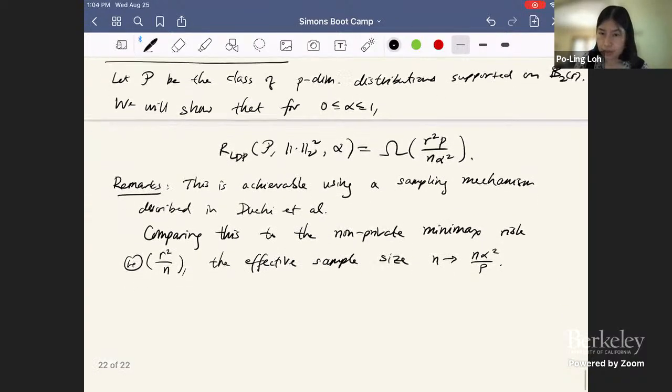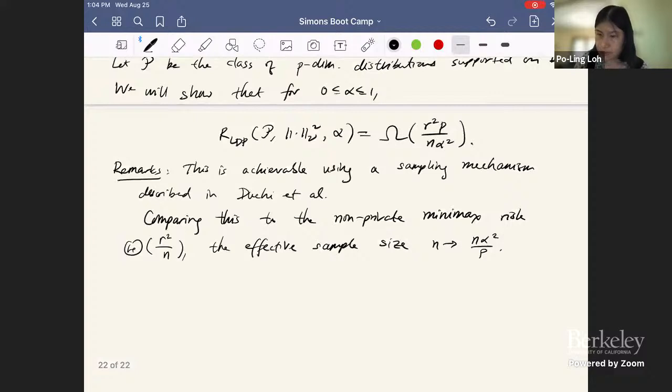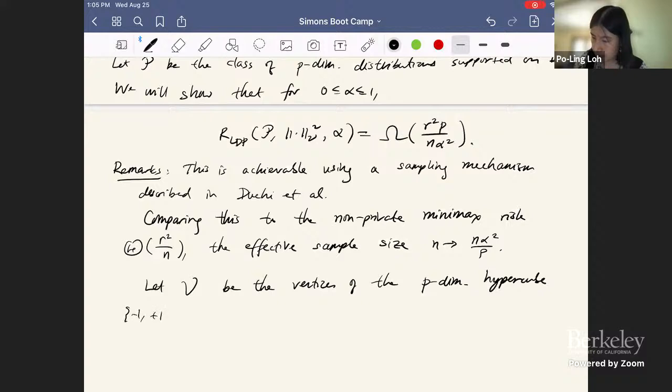Okay, so let's discuss the proof. So let script V be the vertices of the p-dimensional hypercube, which is {-1, +1}^p. Okay.